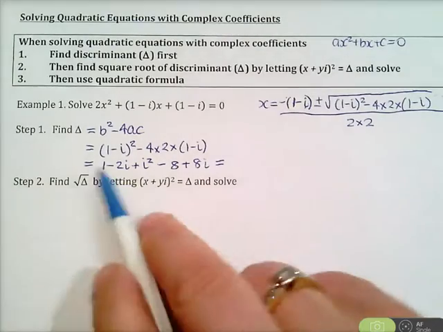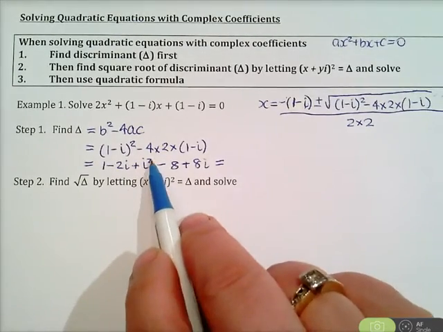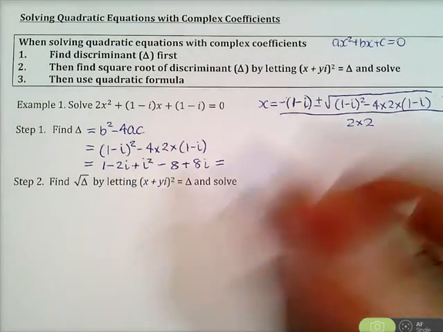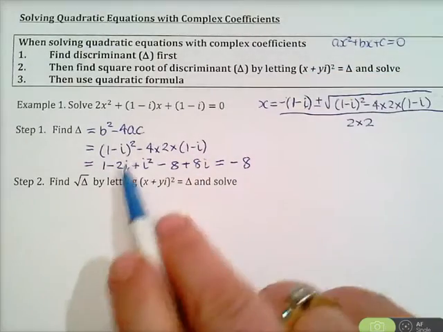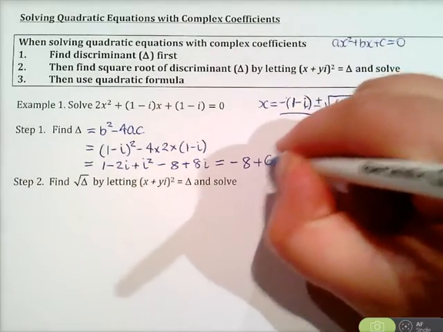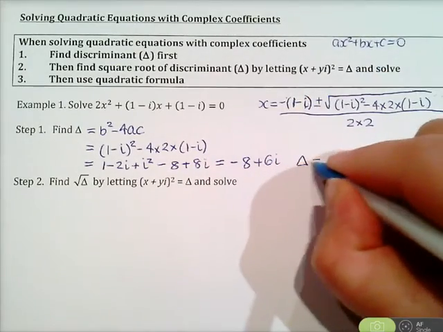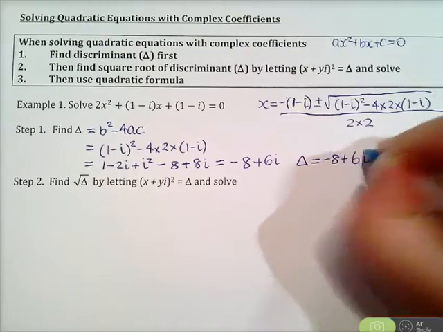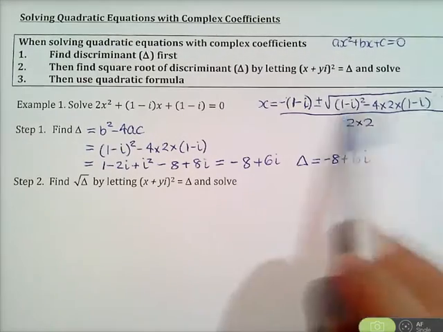We know that i squared is negative 1, so 1 minus 1 is 0, so we get minus 8, and minus 2i plus 8i is plus 6i. So my discriminant is negative 8 plus 6i.